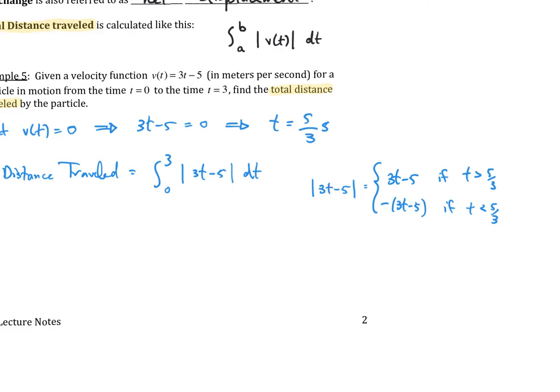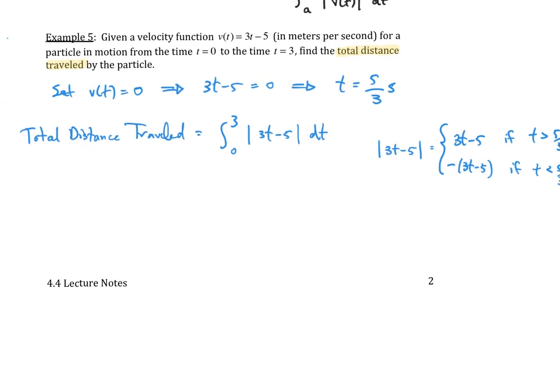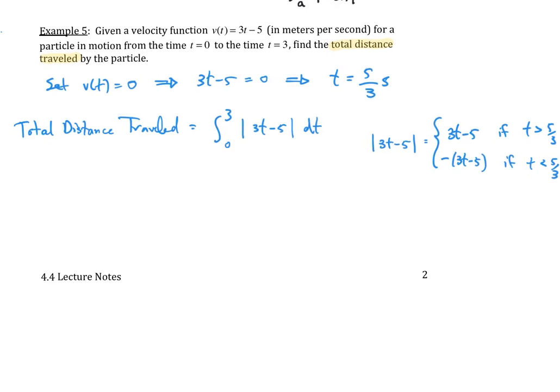Okay. Now that we have broken down what our absolute value function looks like, we can use our property for definite integrals and split this integral up into the integral from 0 to 5 over 3 plus the integral from 5 over 3 to 3.